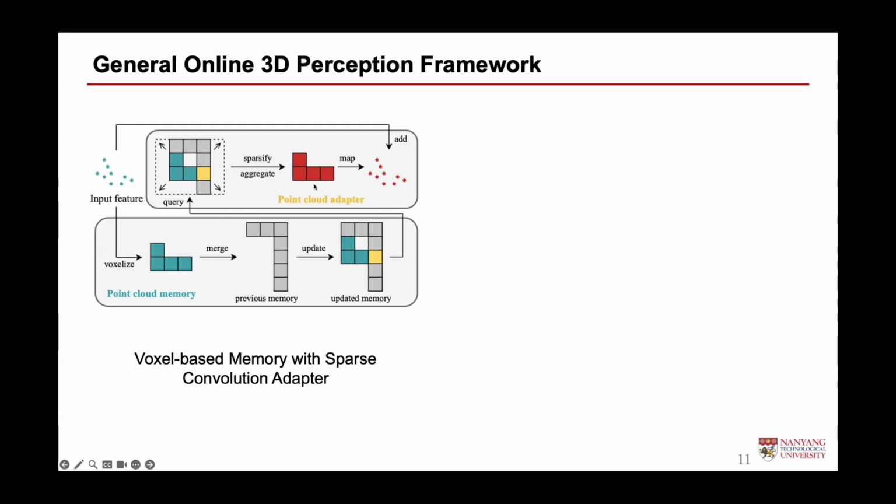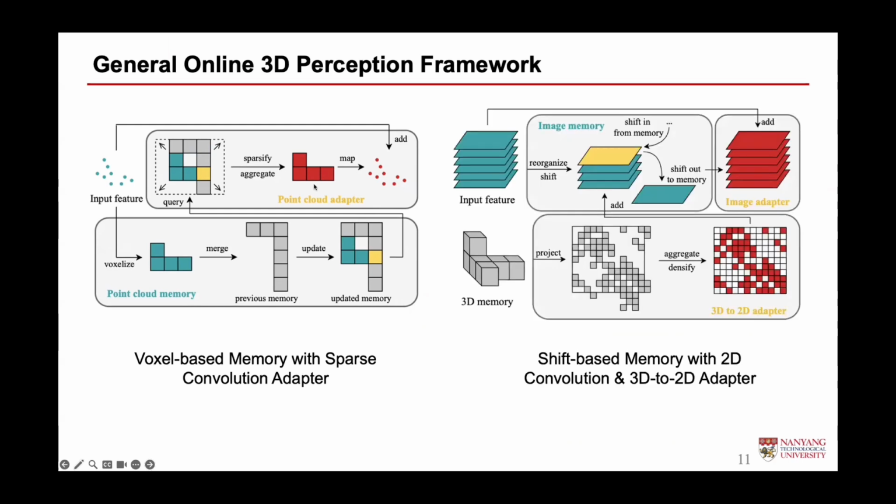After that, we transfer it back to the point cloud. And for the image part, we just do a shifting. We shift in the current features to the memory and shift out the memory to the current features for the feature enhancement. And then for the 3D to 2D adapters, we just project the point cloud to the images and then crop the images to do the fusion between semantic information and geometric information.